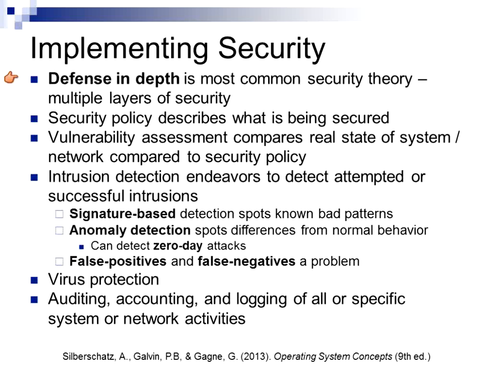You want to make sure that all these things are secure. And there are lots of different things that have to do with security on your system. You should have a security policy for your company, and that describes what's being secured. You should do vulnerability assessments to make sure that the system is secure. Make sure that it's following the security policy.